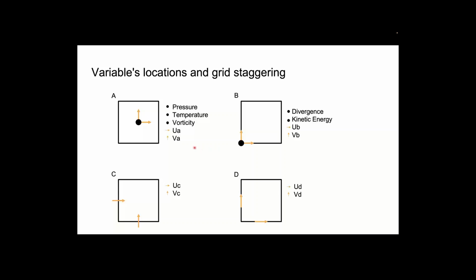For instance, a scalar variable like the pressure, temperature, or vorticity is a cell-centered variable on the A grid. We also have the winds, UA and VA, at the center for the physics schemes. For numerical reasons, we have the kinetic energy and divergence at the corner. And we also have the C grid and the D grid winds, as you can see here.